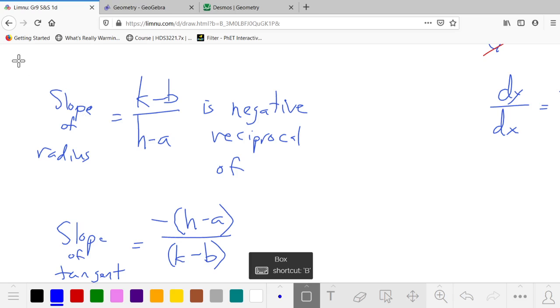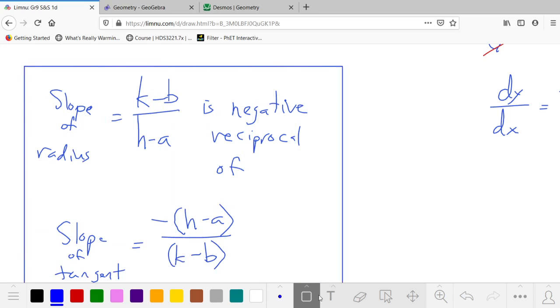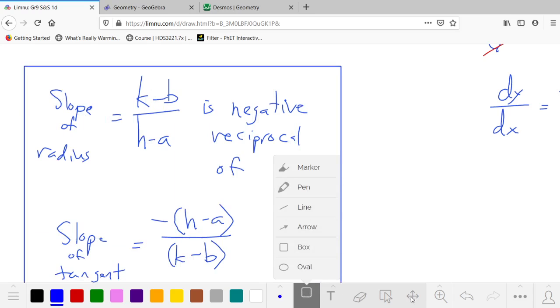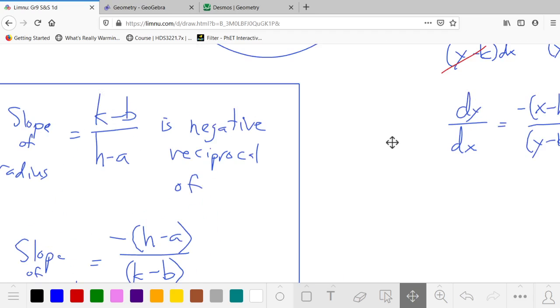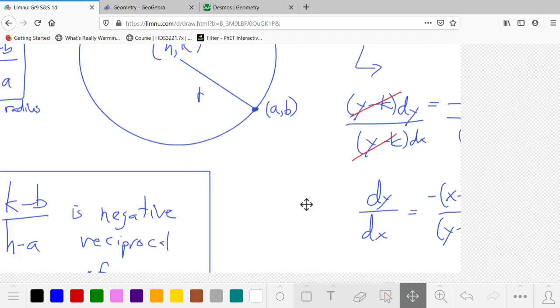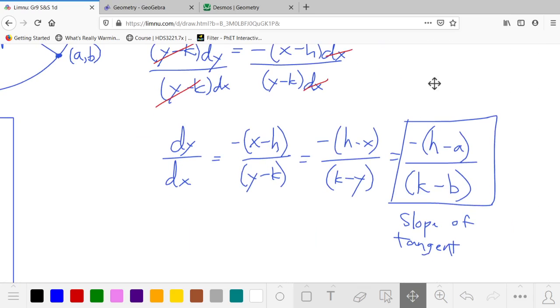So that is using calculus to complete the proof. And it shows that, yes, these do have negative reciprocal slopes. So yes, the tangent and the radius are perpendicular.